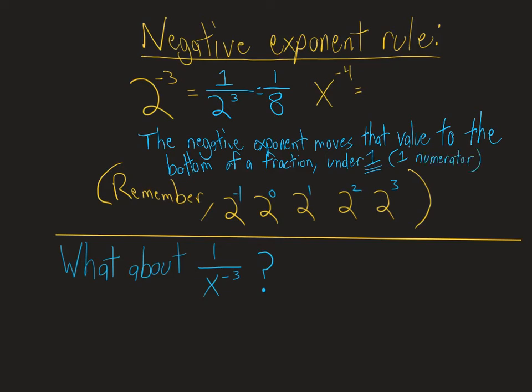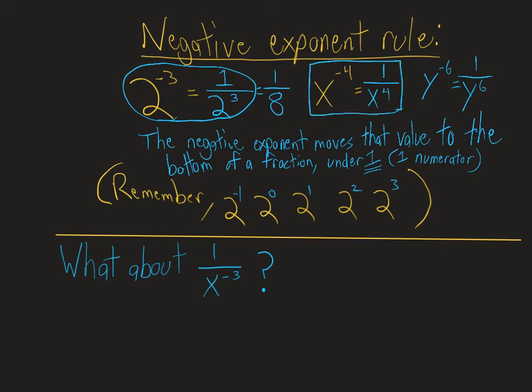So it just becomes 1 over whatever you've got. 2 to the negative 3 just becomes 1 over 2 to the 3rd. X to the negative 4th becomes 1 over x to the 4th. If I did y to the negative 6th, becomes 1 over y to the 6th. Whatever it is, the negative simply flips that term, that value, to the bottom of a fraction, and it's 1 over that value.